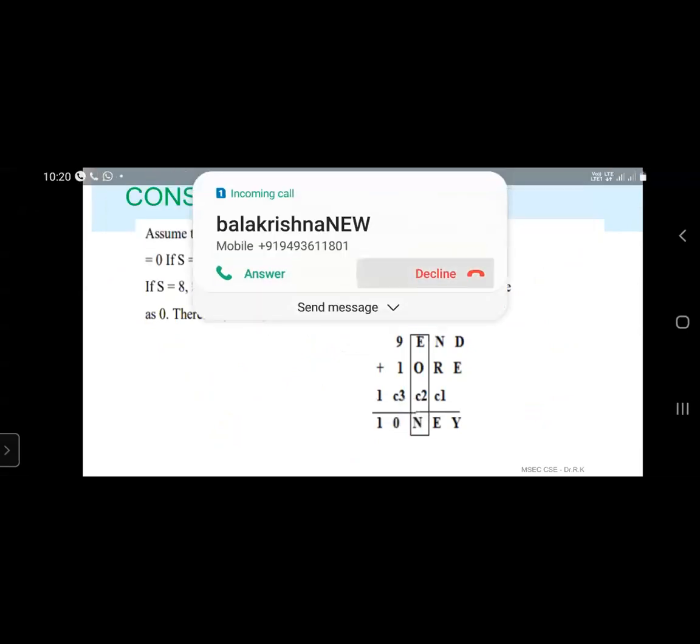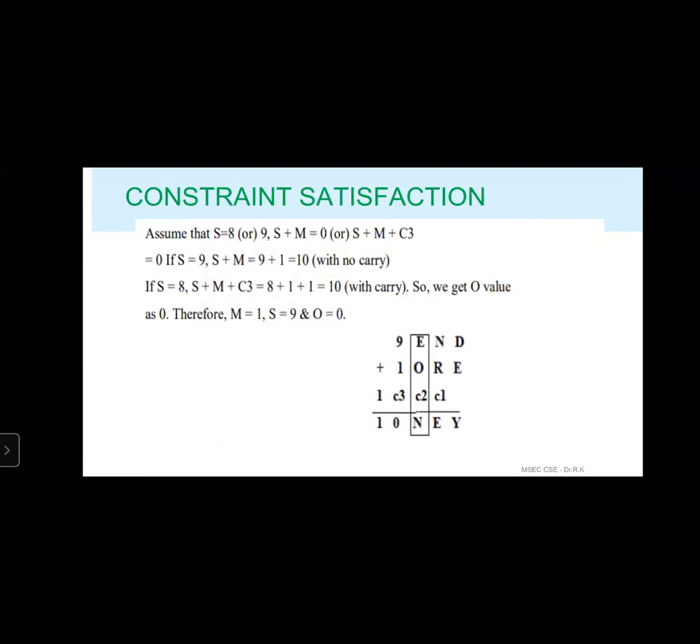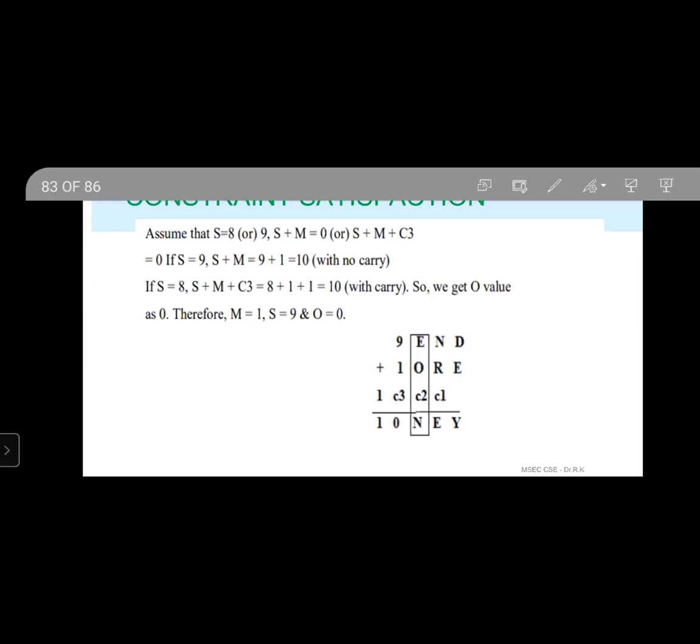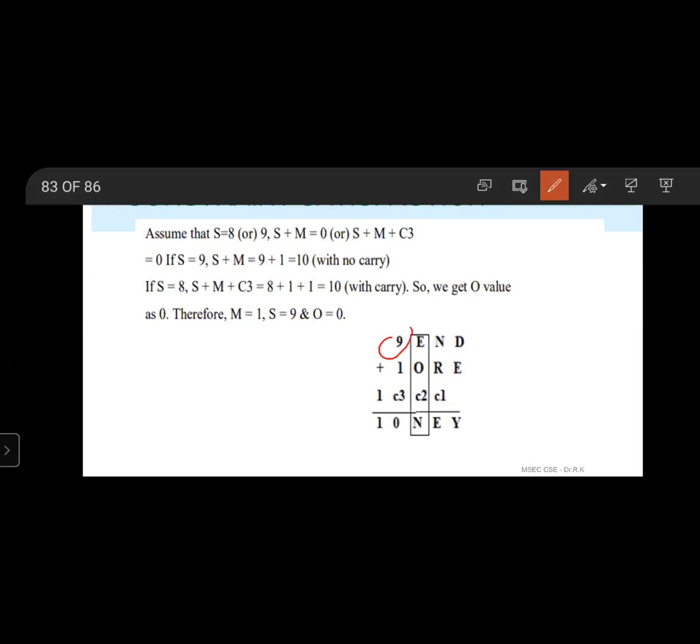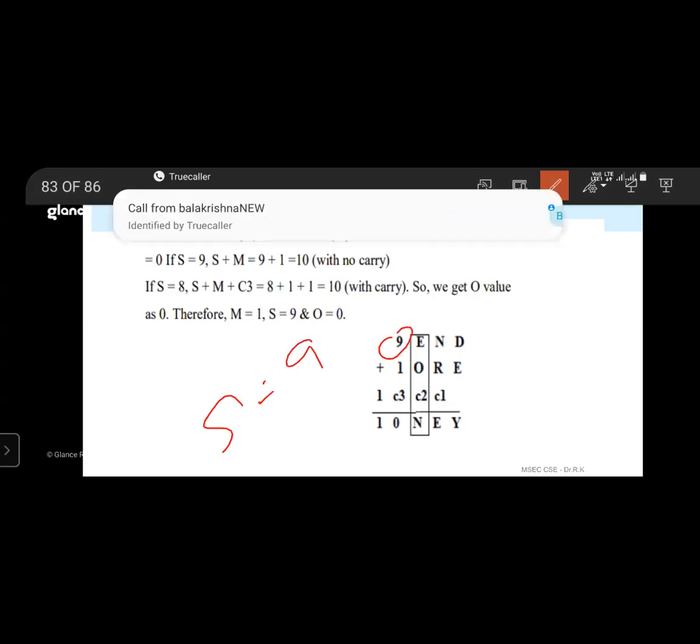Assume that S equal to 8 or 9. Here assume 9, S equal to 9, for example.